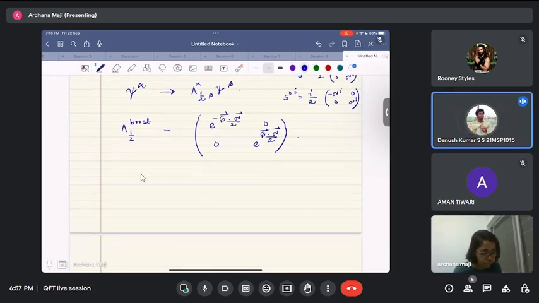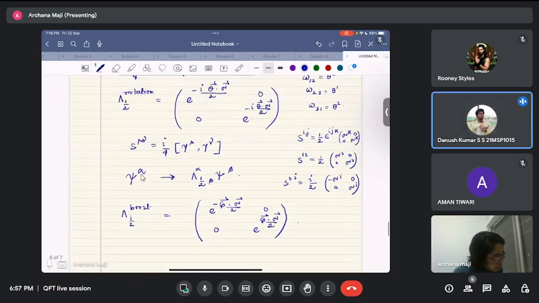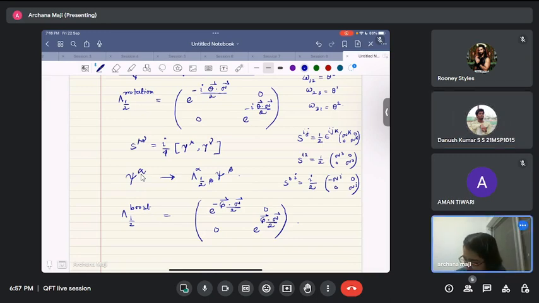Yeah, I have a simple doubt. Can I ask it right now? So the beta in the boost, that corresponds to v by c, right? Ratio of v to c. The beta or phi that you are putting in the exponential term, that's nothing but v divided by c, right?